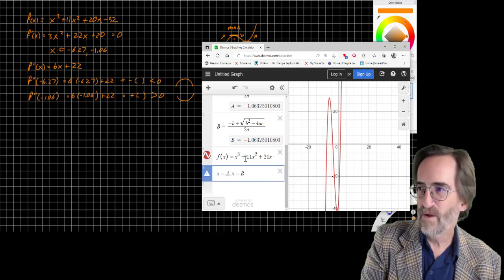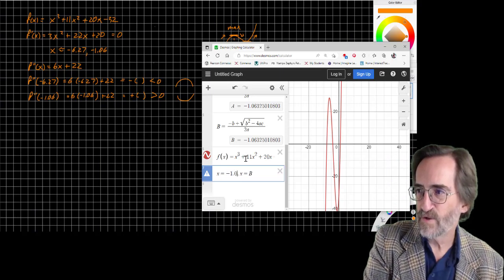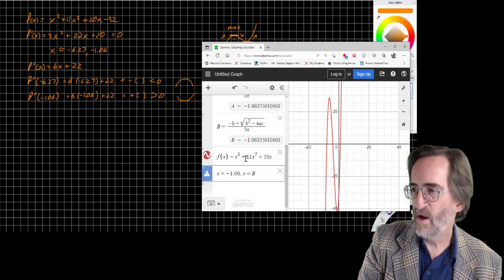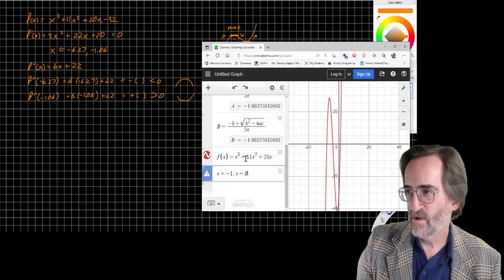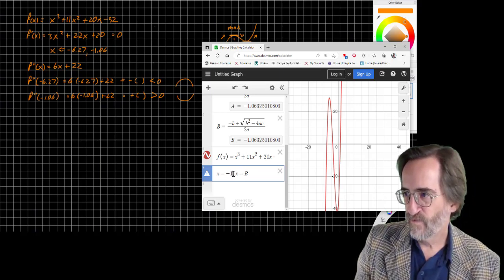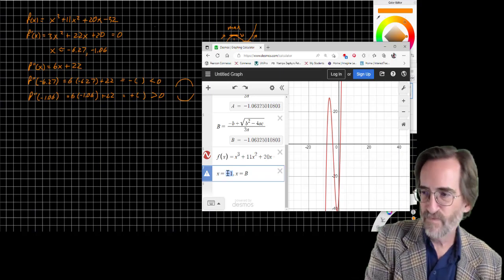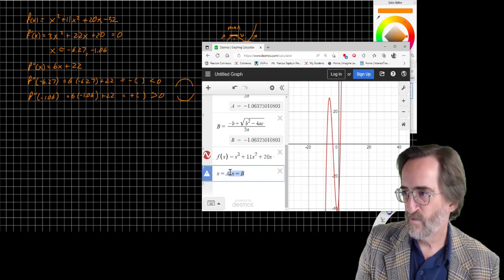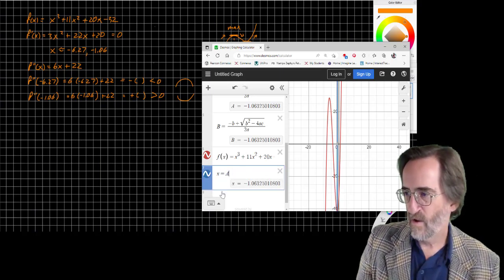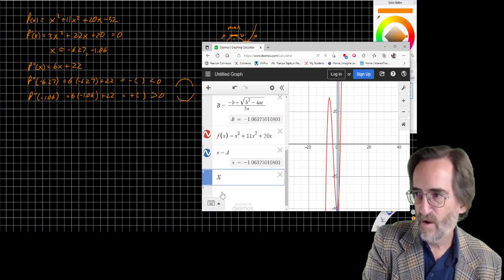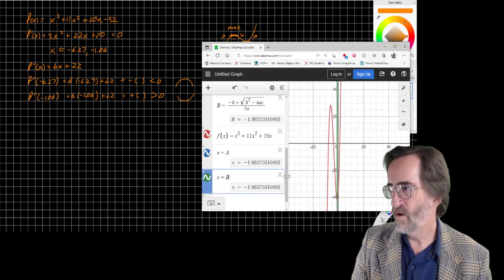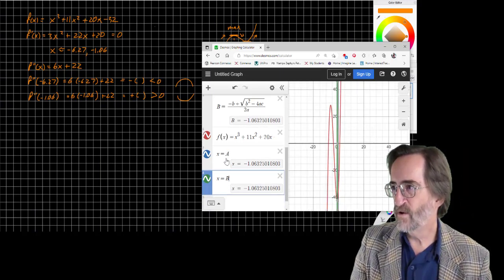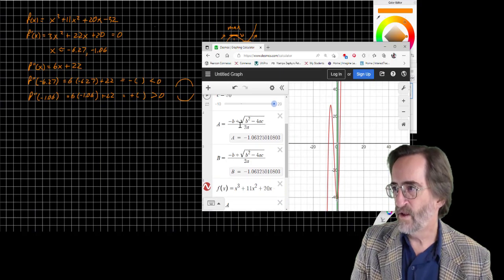All right. x equals negative 1.06. Oh, it doesn't understand it because I put it as a single expression. I need to separate it. Oh, and A and B are the same here.